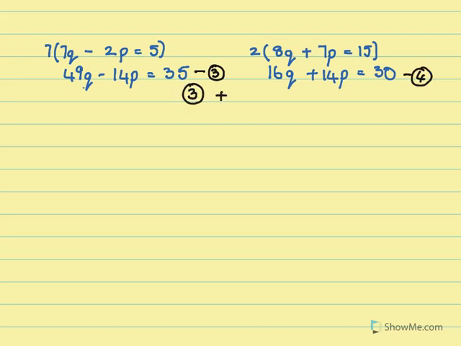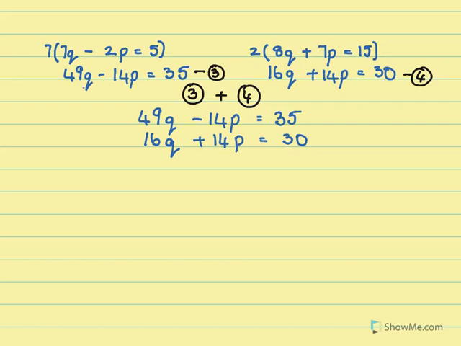Now we will add equation 3 plus equation 4. So we have 49q minus 14p equals 35, and here 16q plus 14p equals 30. Adding means we don't have to change the sign. So this cancels out, because minus 14 plus 14 will already cancel out.